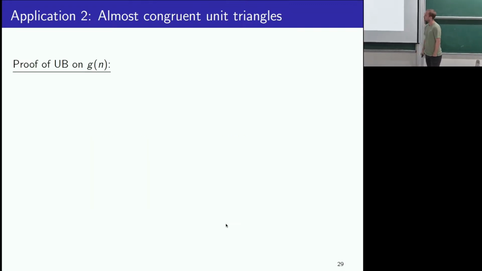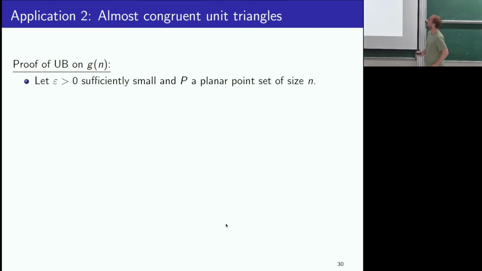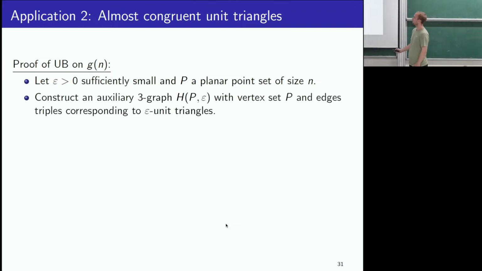Okay, so now the proof for the upper bound of the maximum number of almost unit triangles in the plane. We take a planar point set of size n, and we're going to assume epsilon is small enough for the proof to work. And now we construct an auxiliary 3-graph. So the point set will give us an auxiliary 3-graph, and we do it in the following way.